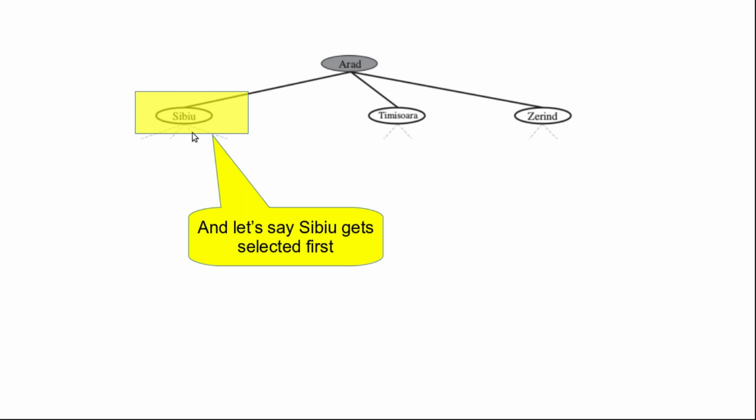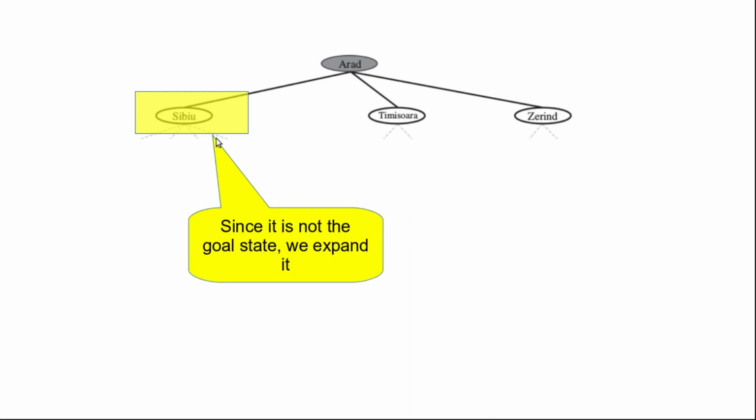So the first thing we will do is check whether the selected state is our goal state or not. Again, we know that our goal is Bucharest and our current state is Sibiu. So definitely we are not in the goal state. And just like before, if we are not in the goal state, we need to expand the current node.